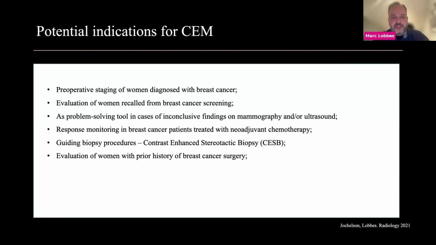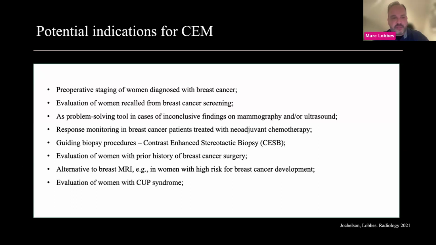We have evaluation of women with a prior history of breast cancer surgery, which is a very specific topic of some groups in Spain and Australia with very interesting results. You can have it as an alternative to breast MRI when you are claustrophobic. Evaluation of women with CUP syndrome. I was always taught by my professor, Carla Boetes, that when you have a woman with cancer of unknown primary, you do a mammography.